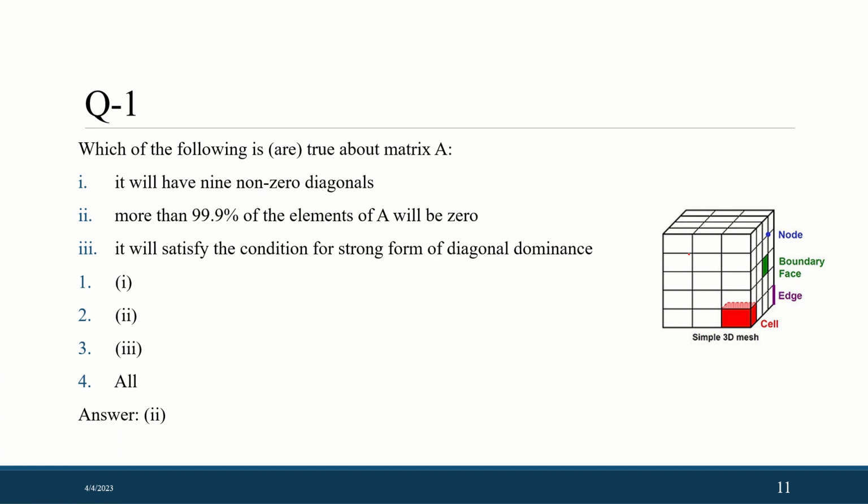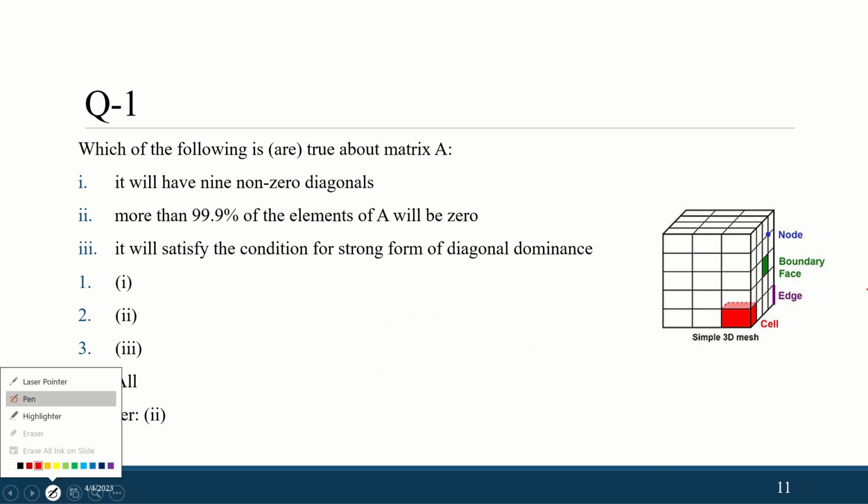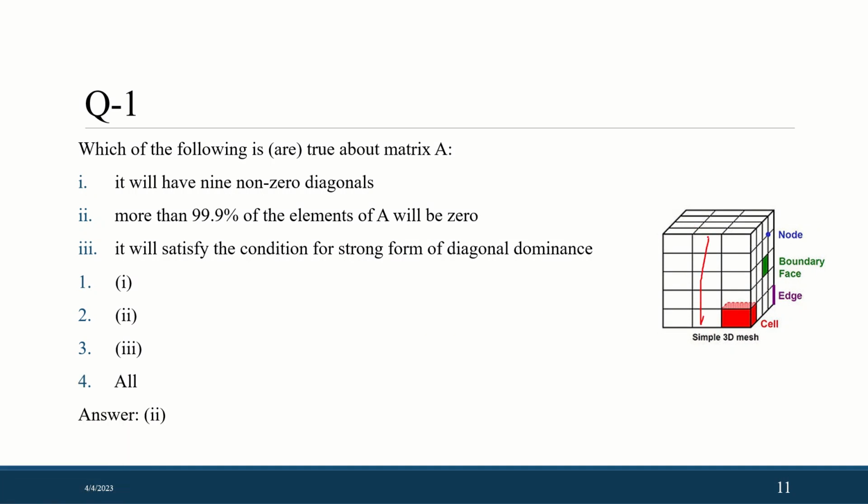So what we did is, first we calculated the innermost interior grid locations. Okay, this one is a smaller one. Or else what we can do is we can add one more grid location here.